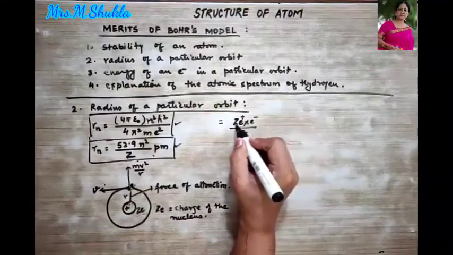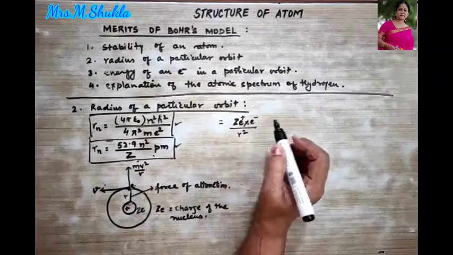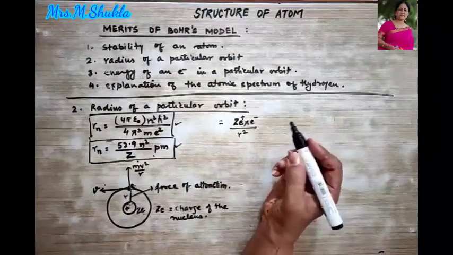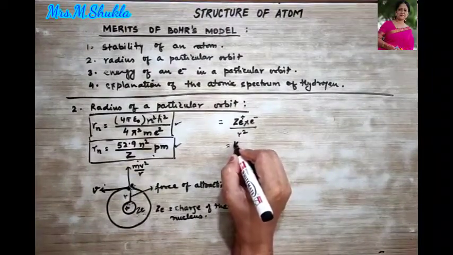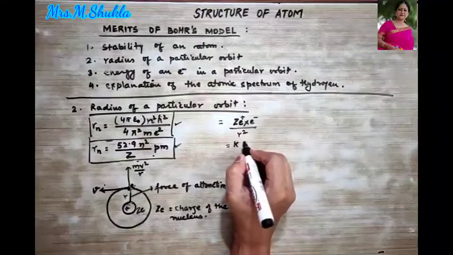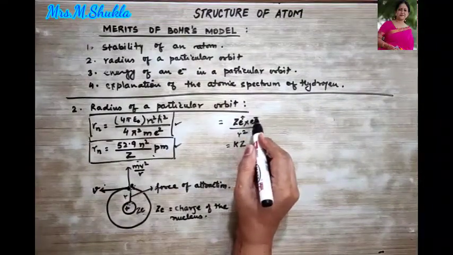When we remove the directly proportional sign, we have to put a constant. So to put a constant, we write here k. So we write k Z e plus into e minus.